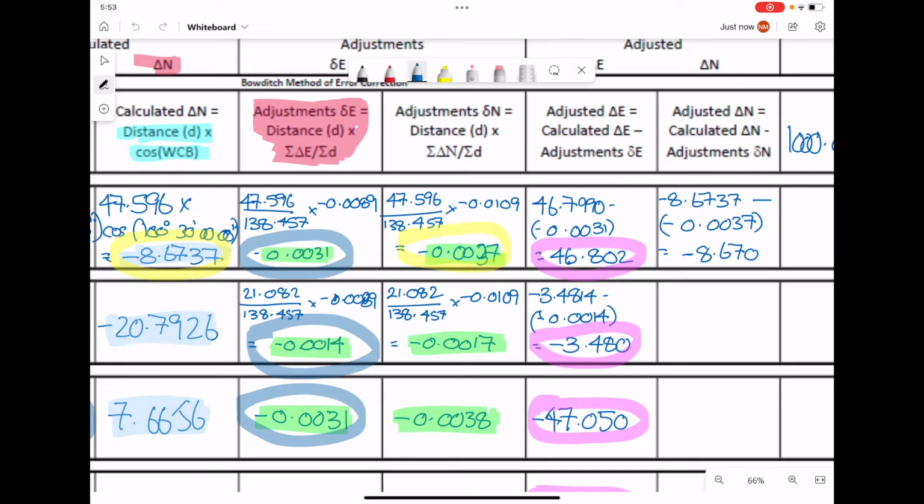Repeat similarly for the next row, our partial northing and the adjustment for that part of the traverse. That would give us a value of minus 20.791.